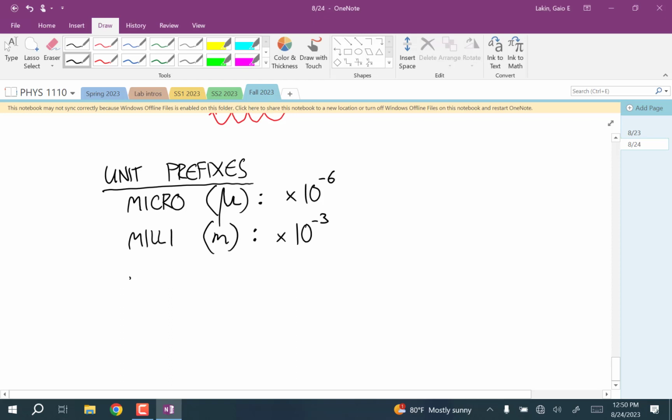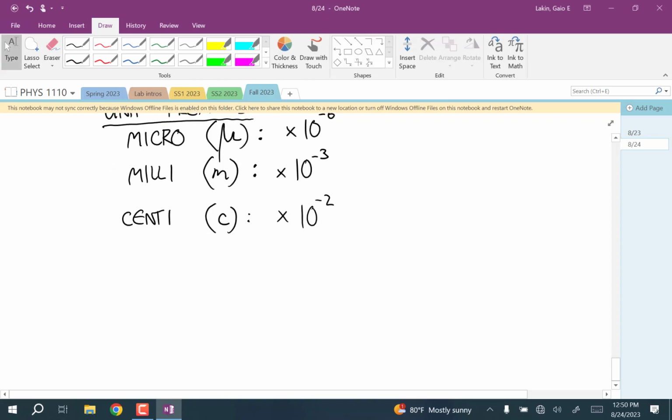The next one is centi. For that one, you use a lowercase c. And that means times 10 to the minus second. Next is kilo.